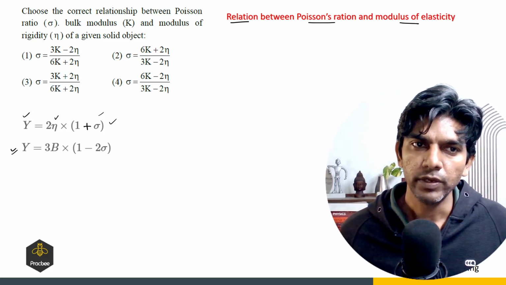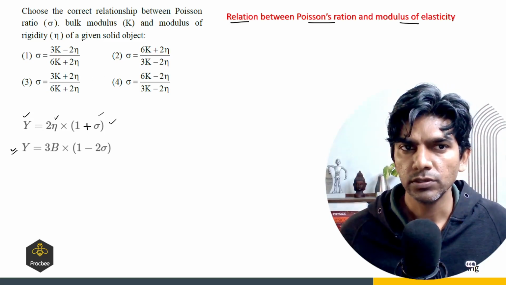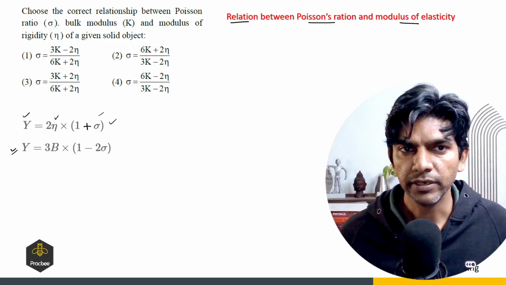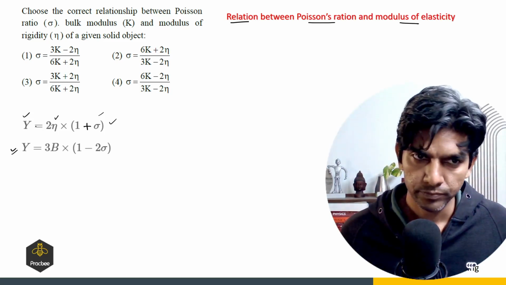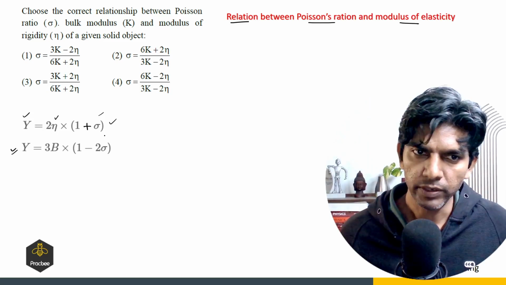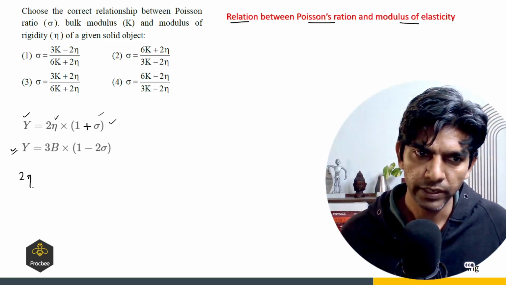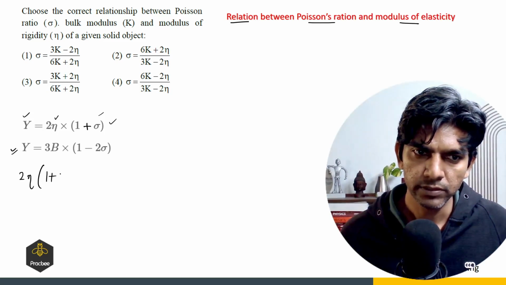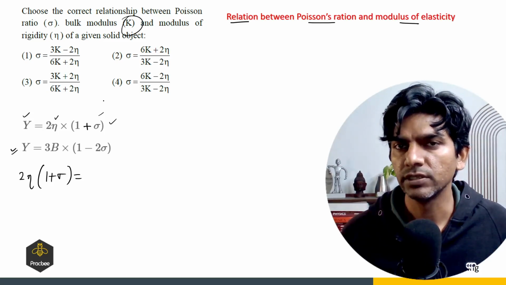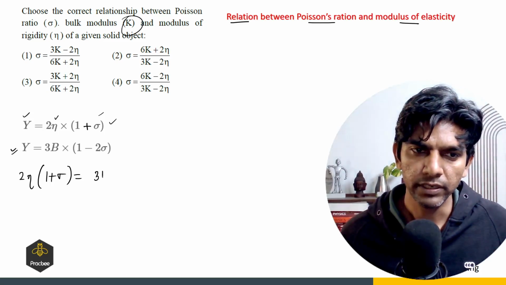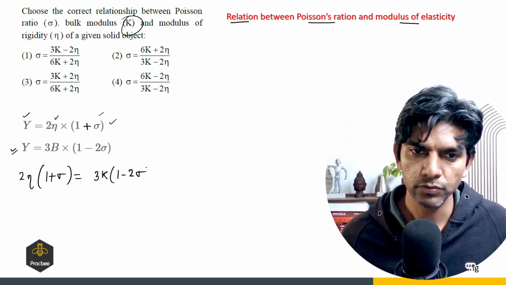So here we have to find Poisson's ratio in terms of modulus of rigidity and the bulk modulus. So here basically we have to eliminate Young's modulus, so we can equate both the equations. So we can say 2 eta times 1 plus sigma, and I'm taking bulk modulus as k, as that is given in the question, equals 3k times 1 minus 2 sigma.